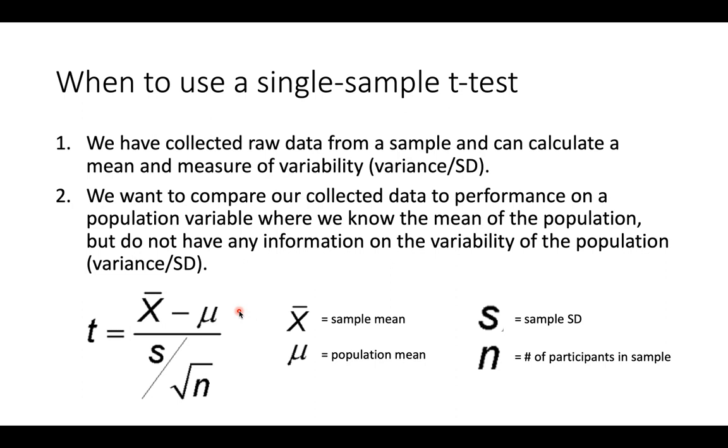Now, if we think back a few weeks to our discussion of sampling and sampling methods, we talked about a concept called sampling error or random error. The idea is that if I choose any random group of, let's say, 10 people, and I measure their IQ, even though I know that the average IQ is 100, it's very unlikely that the average of those 10 people is exactly 100.